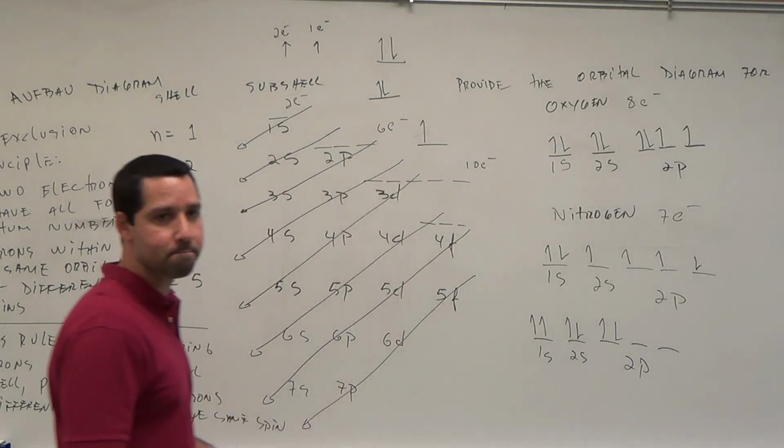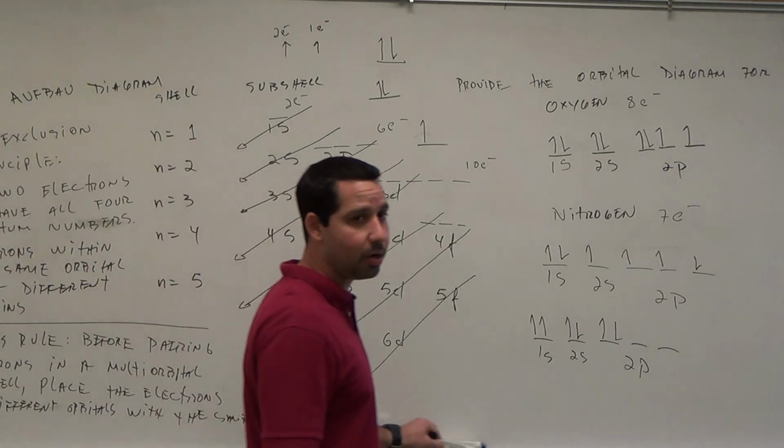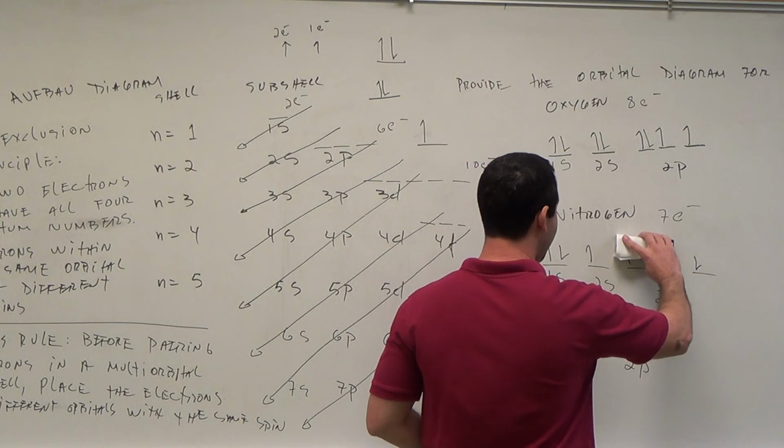What was the nitrogen violation of Hund's rule again? No, I didn't say nitrogen is a violation of Hund's rule. What I wrote incorrectly is a violation. I did this incorrectly. Nitrogen is not a violation. So we're still doing nitrogen, okay?